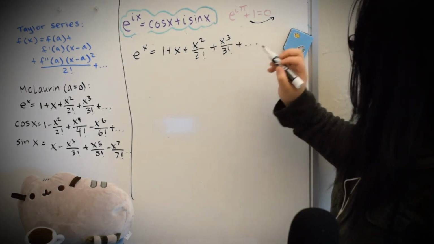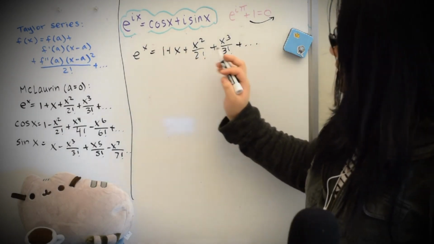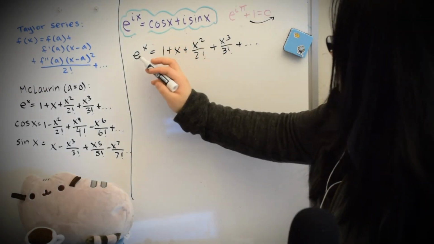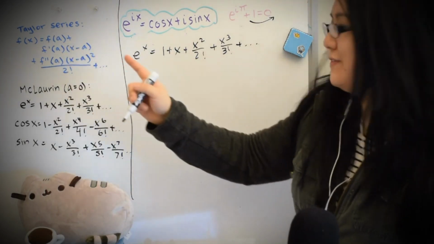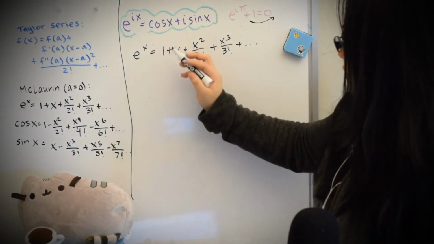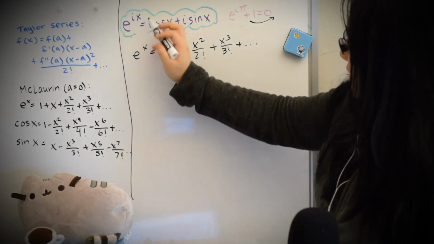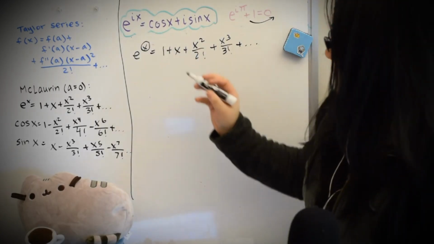And then what I'm going to do is put in, instead of x, so anywhere I have x here, I'm going to put ix. I could have just written e to the something, but that would be confusing with f of x. So if you imagine that every time I have an x here, since I have e to the ix, I'm just going to put in ix instead, okay?